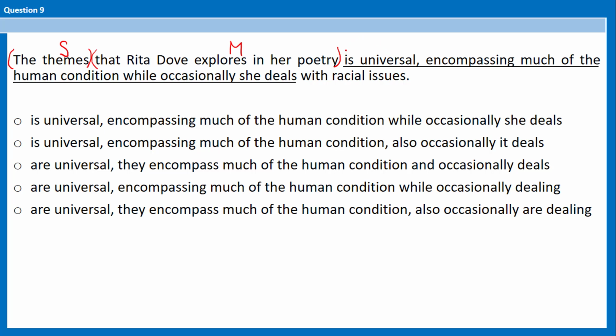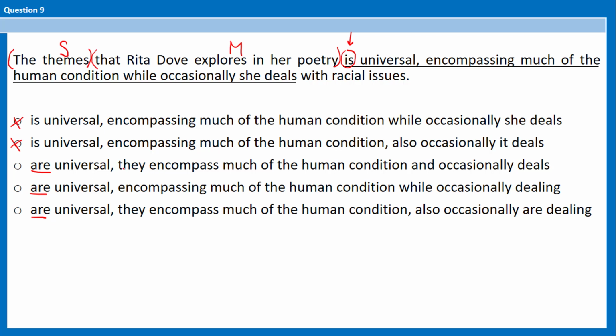And the main verb is this one. So the themes is universal. You cannot pick a singular verb because the themes is plural. You need are universal. So we have 3 left.